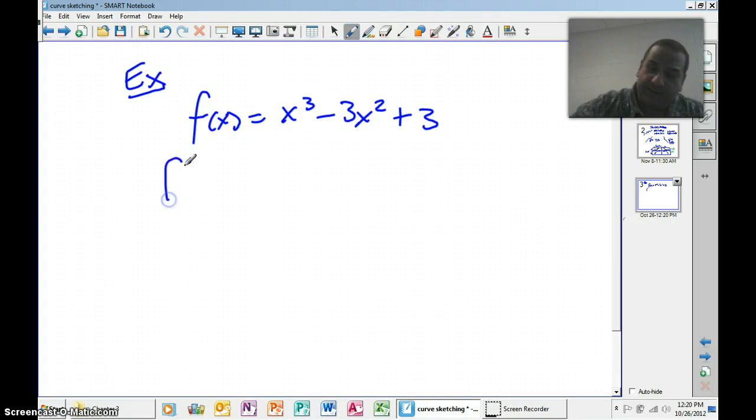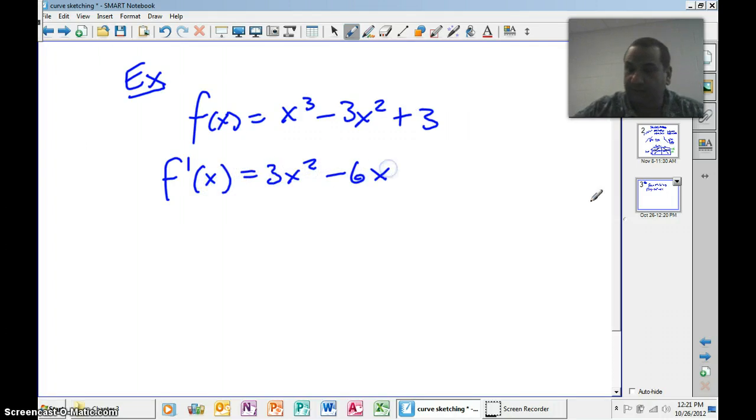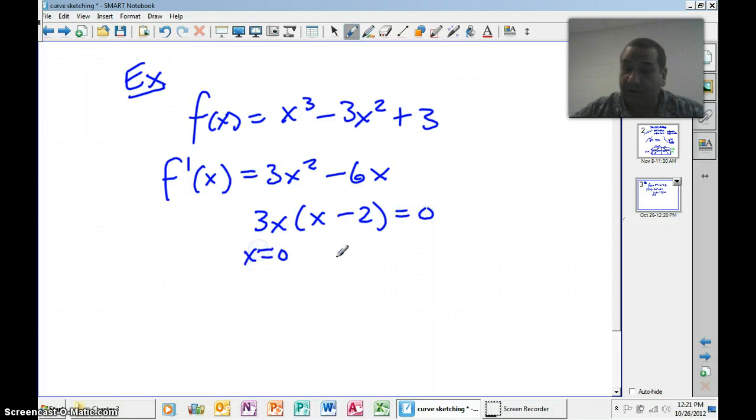So now if we take the derivative of this guy, we'll get 3x squared minus 6x. All right, set that equal to 0, so I'll factor out a 3x, and I'll get, help me out, x minus 2 equal to 0, so that means that either x equals 0 here, so that's a critical number, or x equals 2, and we'll try our sign analysis and see what's happening.